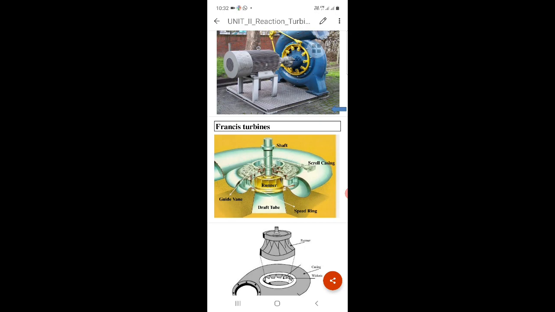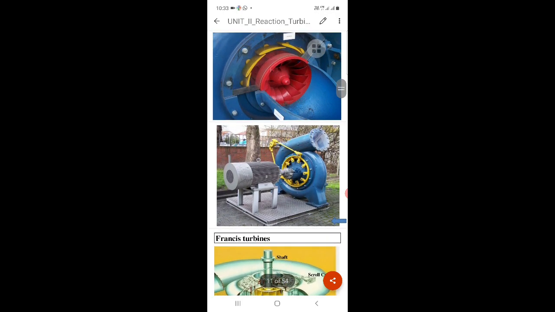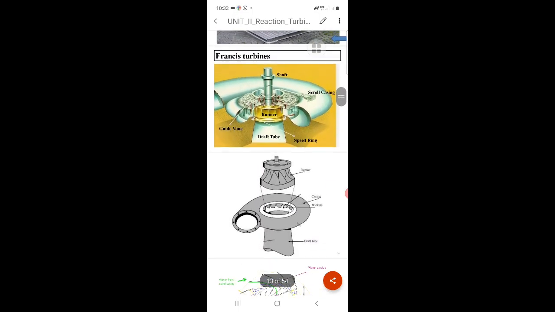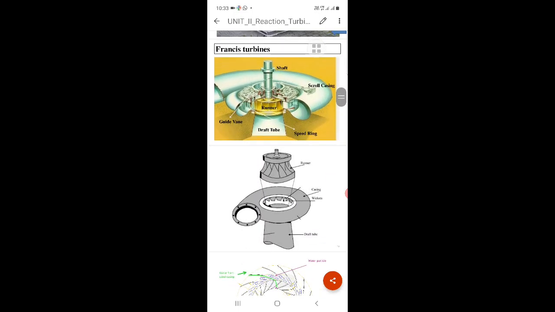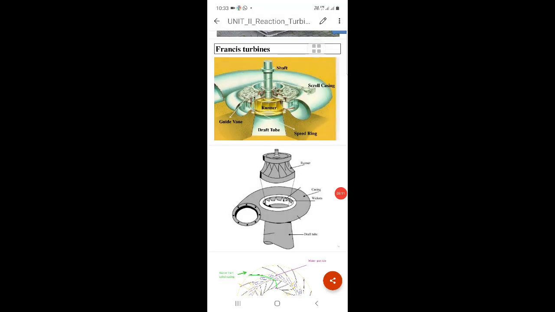The runner is connected to the shaft. Whenever water impacts the blades of aerofoil sections, it increases speed, and due to that this water goes to the outlet. So water comes in radially and goes out axially, as in the figures.